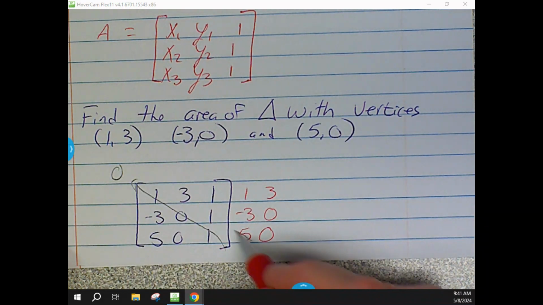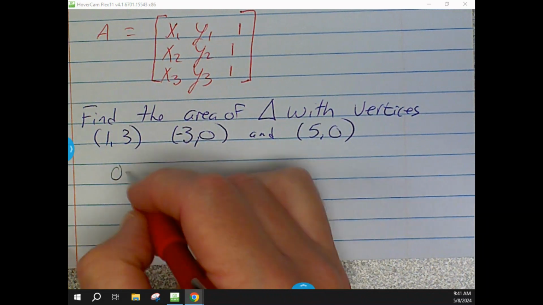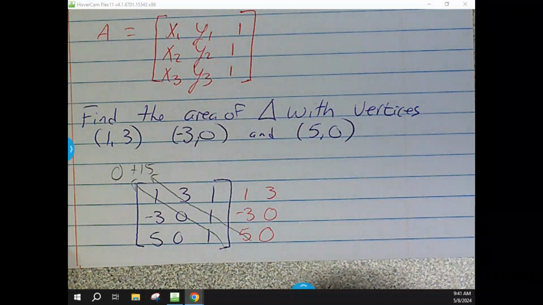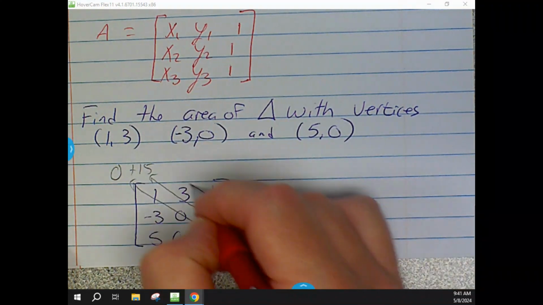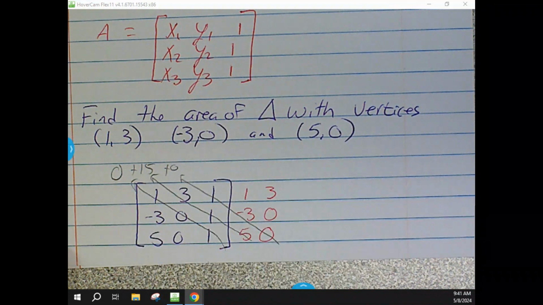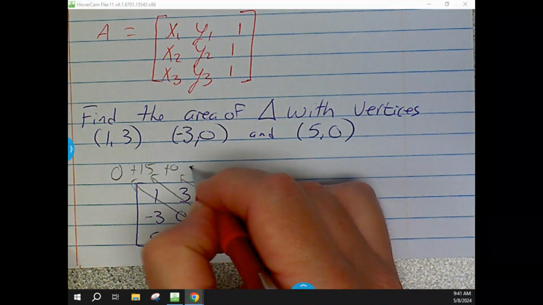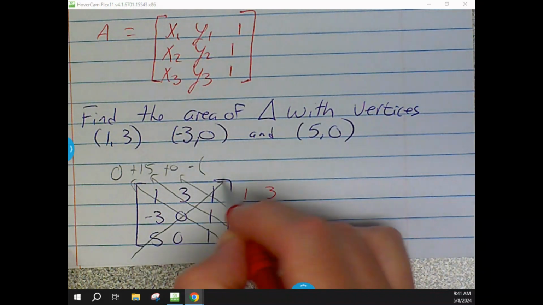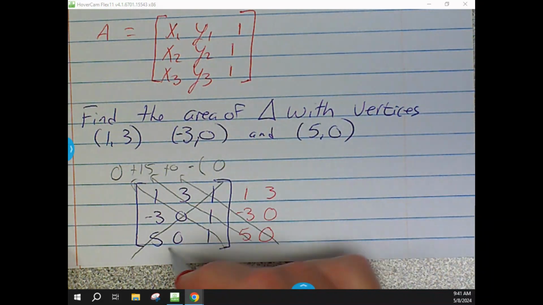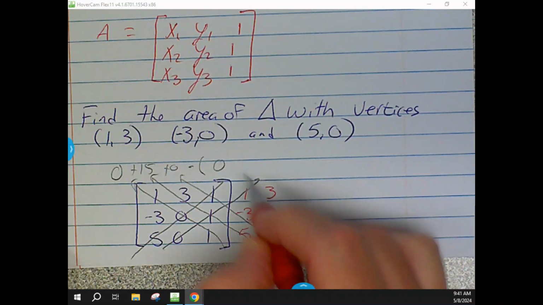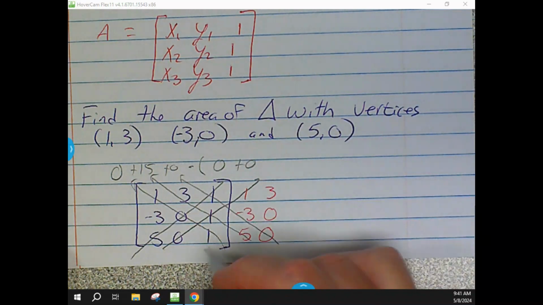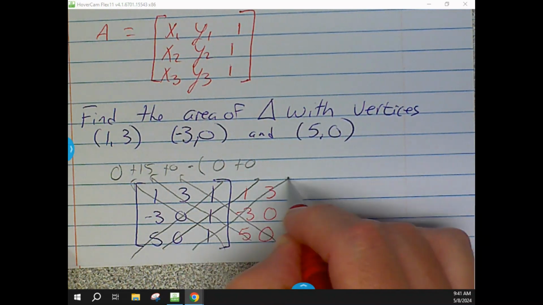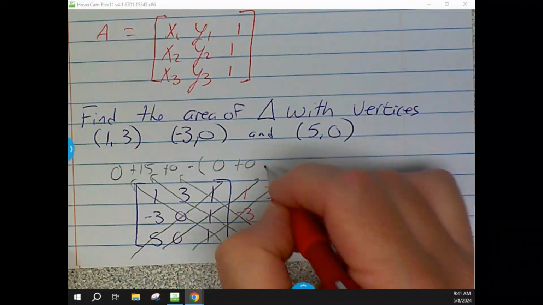We've got 1 times 3 times 5, that's 15. We've got another 0 going here. Going this way, we've got a 0 there. Going that way, we've also got another 0. And then finally, at the end, we get something that's not 0. We've got 1 times -3 times 3. That's a -9.